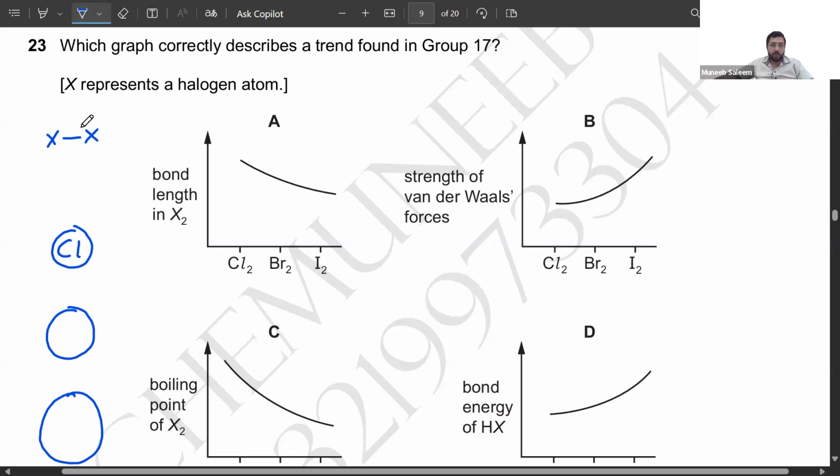Whenever we have two chlorine atoms bonded through a covalent bond with each other, that will be a bond length. So as we increase the size, the bond length will increase. So that's why A is an incorrect option.